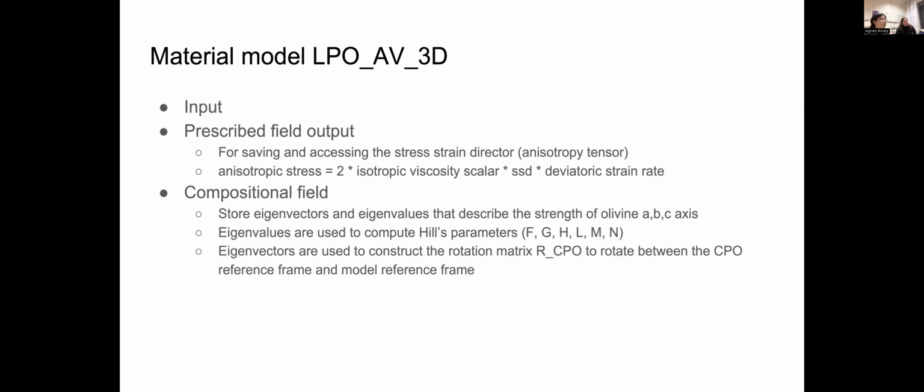And also we save the eigenvectors and eigenvalues into the compositional fields. With the eigenvalues we compute the Hill's parameters, and the eigenvectors we use for the rotation matrix to rotate between the CPO reference frame and the model reference frame.